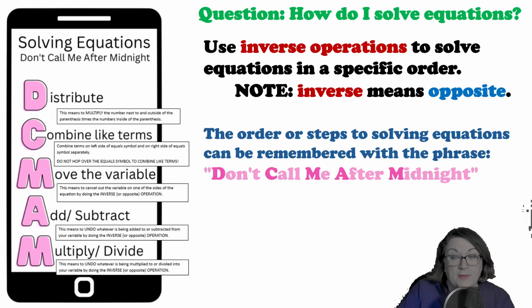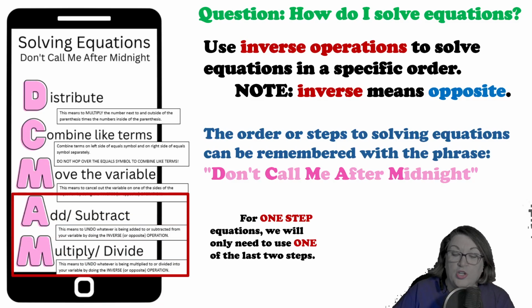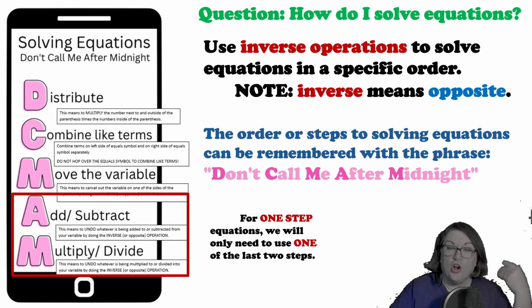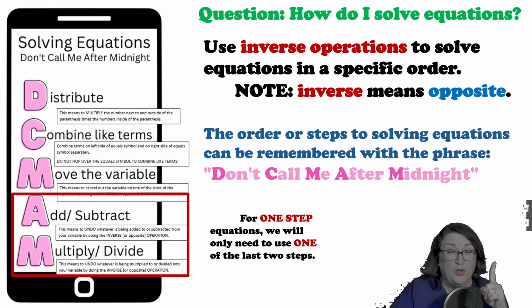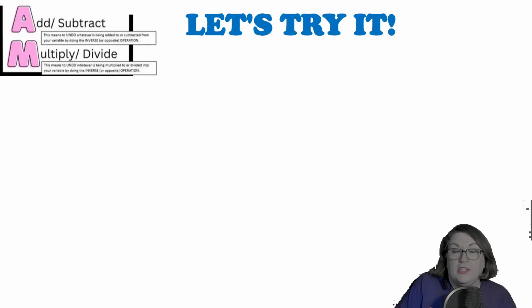The order or steps to solving equations can be remembered with the phrase, "Don't call me after midnight." For one-step equations, we will only need to use one of the last two steps. Like I said, normally in a multi-step equation, you're going to start at D and work your way down. However, for one-step equations, we only have one step to do, and it's either going to be add, subtract, multiply, or divide. Let's try some.